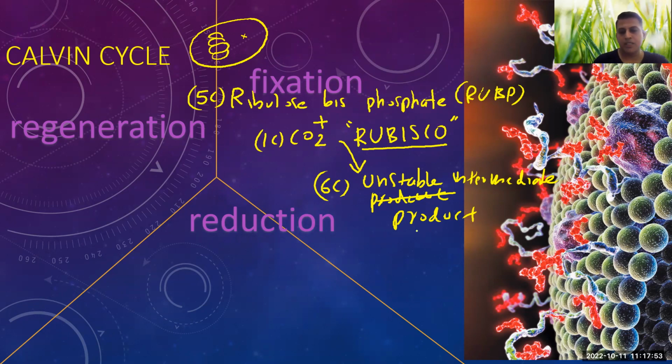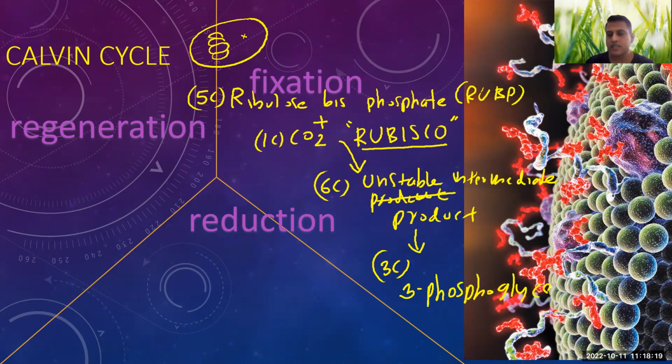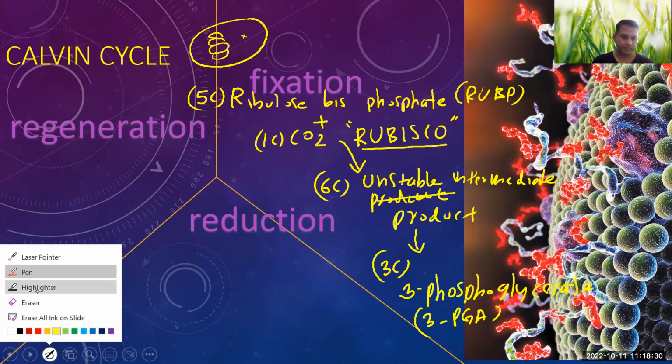And this unstable intermediate product splits again into a 3 carbon molecule. This 3 carbon molecule is called 3 phosphoglycerate, abbreviated 3PGA.